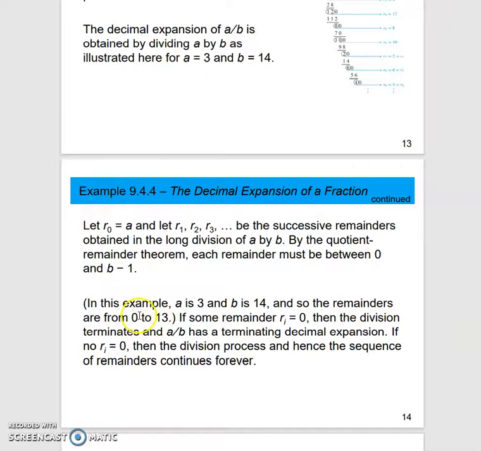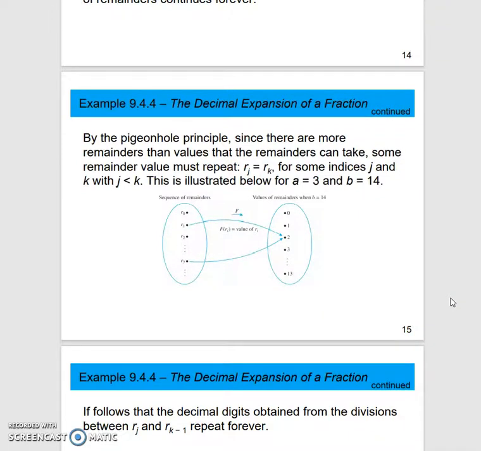So, what are our possible remainders? Remember, the remainder is always going to be smaller than the number being divided. So I could have a remainder of 0, or I could have all the way up to 13, 1 less than 14. And as you can see here, here's my sequence of remainders, and here are my actual values.